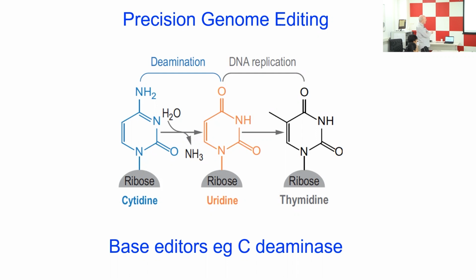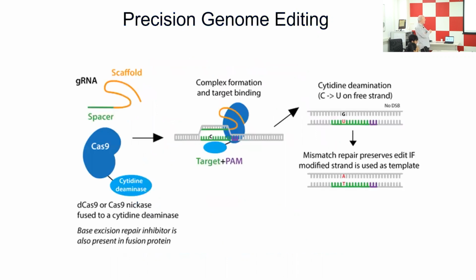And these are proteins that, as I said, have been discovered in various contexts. Now, what if, as we are smart, you make a protein fusion between Cas9, the variant of Cas9 that is unable to cleave DNA, and a cytosine deaminase?